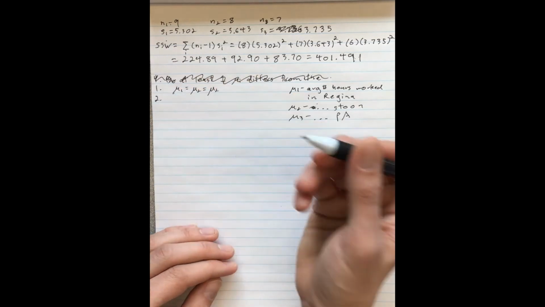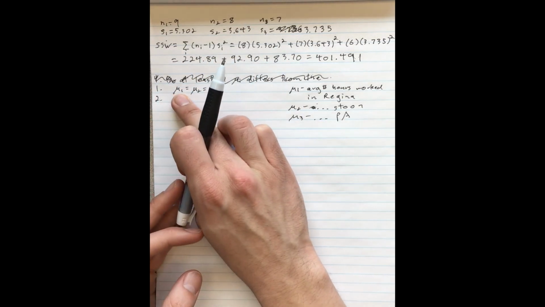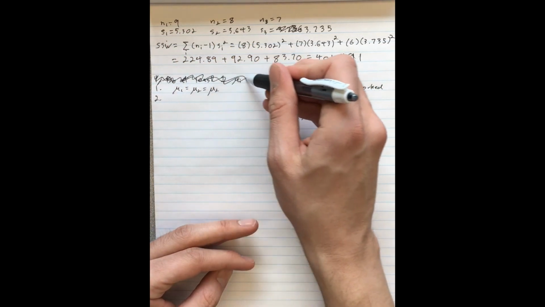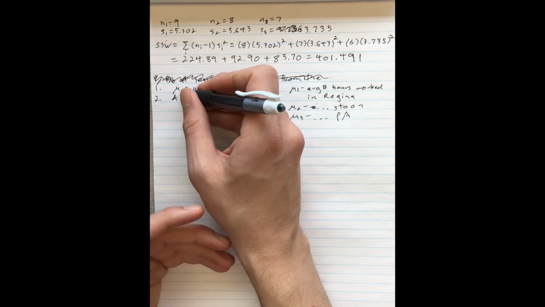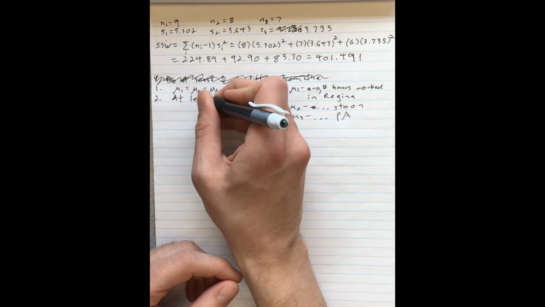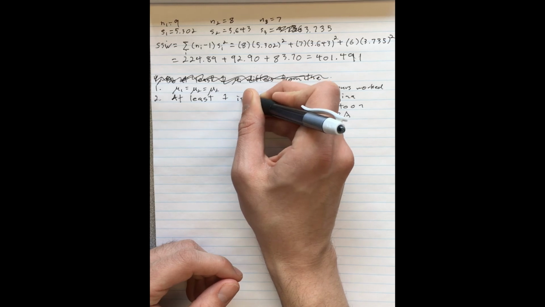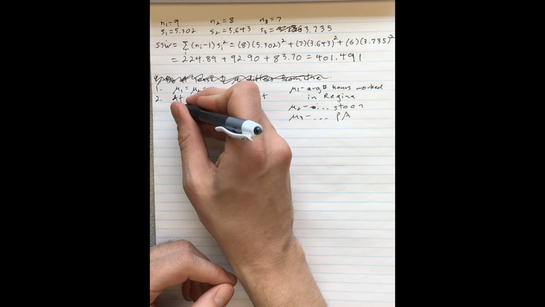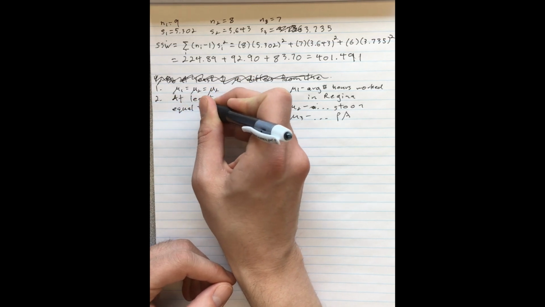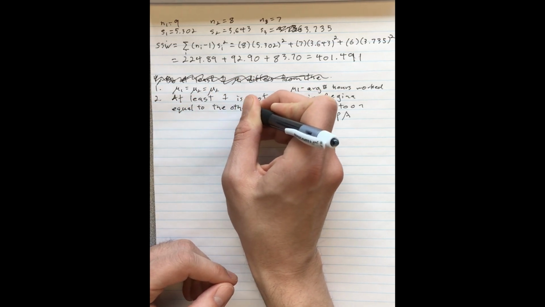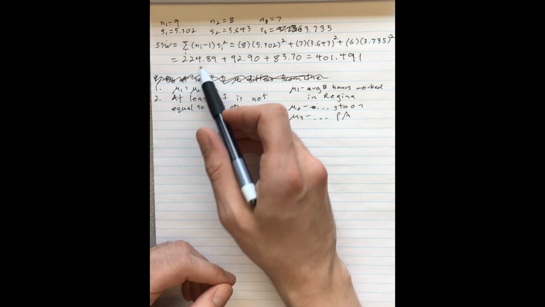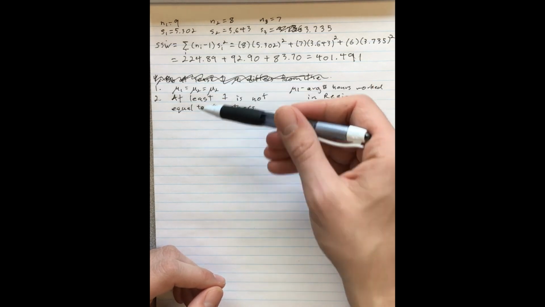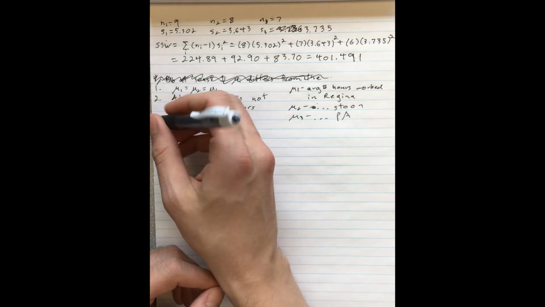And then if the assumption that all 3 of these are equal were not true, then our alternative hypothesis is that at least 1 is not equal to the others. I kind of overlooked this, because anytime you do an analysis of variance, ANOVA test, this is always going to be your hypothesis test, at least in this class.